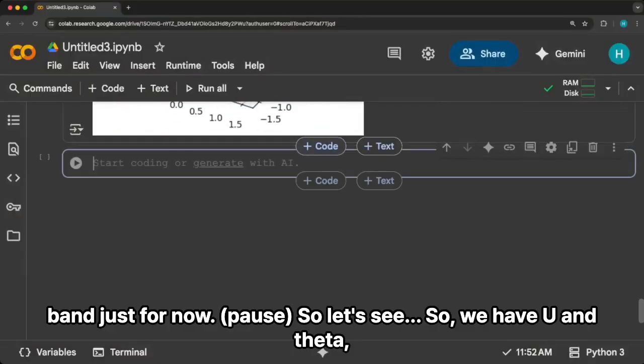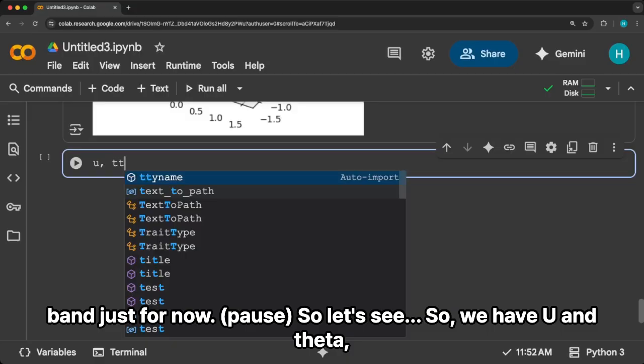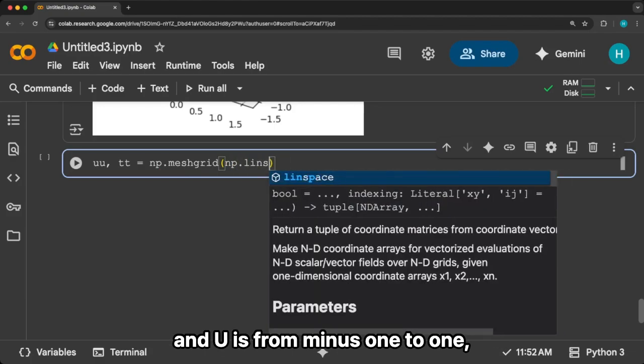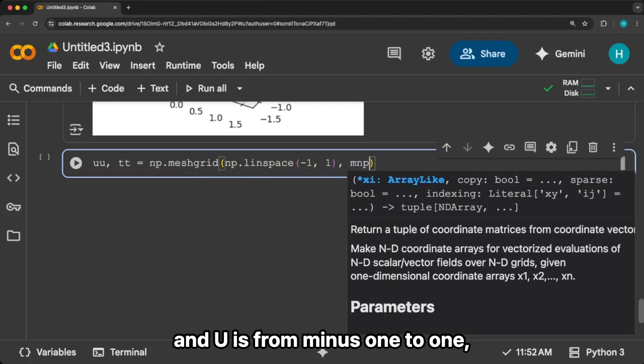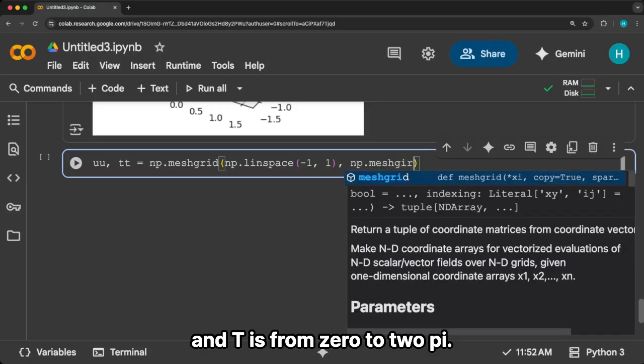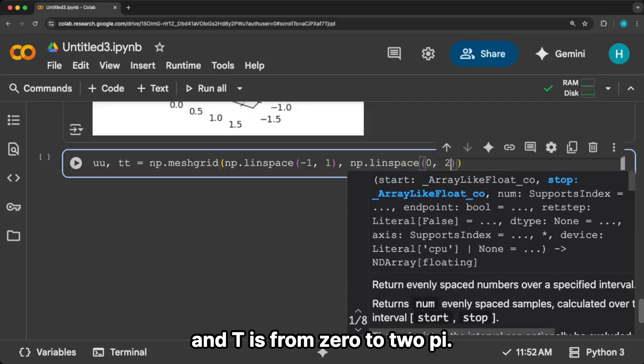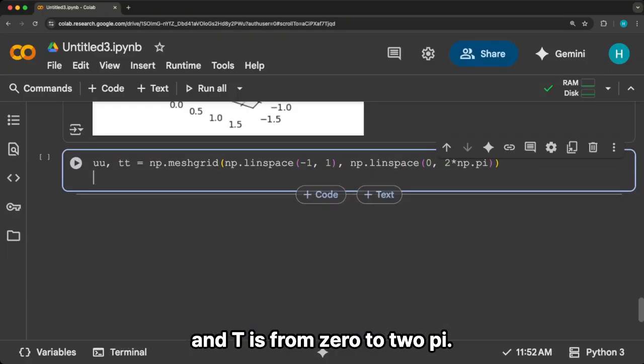So we have u and zeta. Let me take UU and TT as a mesh grid. And u is from minus 1 to 1, and t is from 0 to 2 pi.